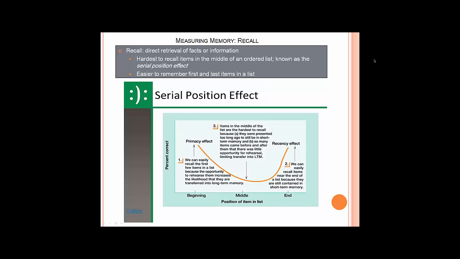They were presented too long ago to still be in short-term memory, and so the distance from here back to short-term memory is longer than from here. Yet in recency, we easily recall items near the end of a list because they're still contained in short-term memory. So here we start rehearsing.